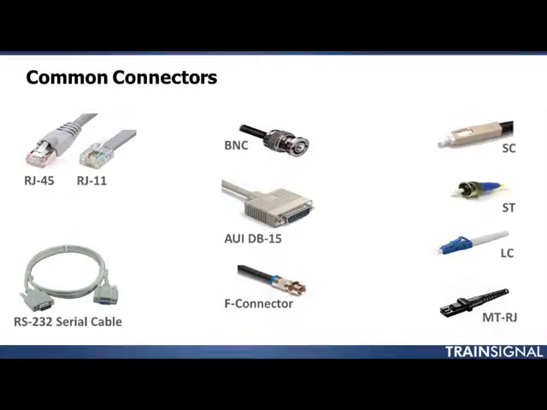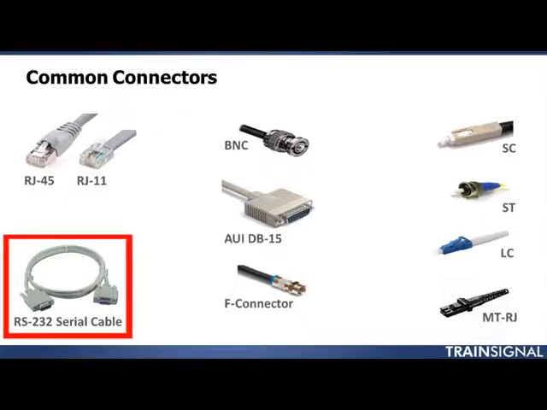Now, another type of cable/connector that I have listed for you here on the screen, I'll be honest with you, is one that you don't see too much anymore, and I put it there, quite frankly, because it's on the Network Plus objectives, and if that is one of the reasons that you are watching this course, because you're studying for the exam, I want to make sure you know what an RS-232 connector is. And this is the type of connector that goes onto a serial cable.